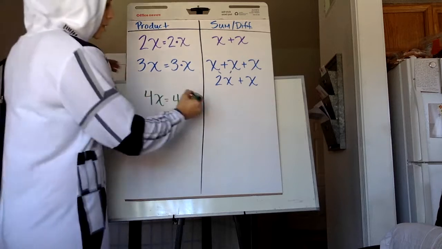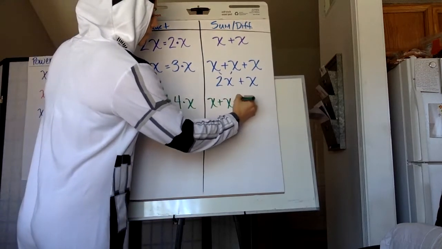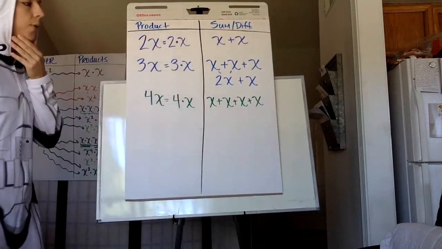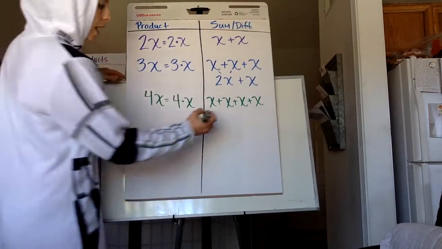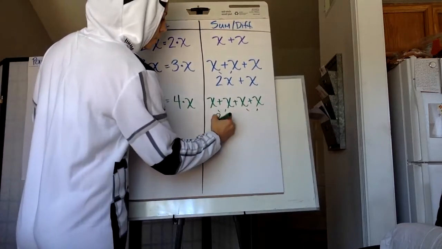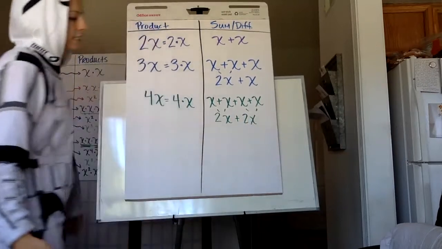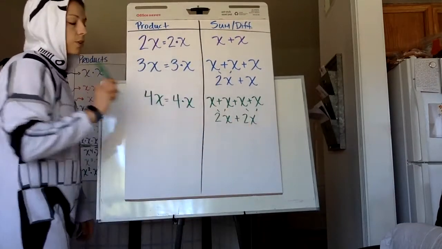Okay, so let's start with the obvious one. 4x means 4 x's: x plus x plus x plus x. Okay, let's now see if we can change that into something a little bit different. For example, I see 2 x's here and 2 x's there. So another way to represent 4x is 2x plus 2x. That's 1, 2 here plus 1, 2 here for a grand total of 4.